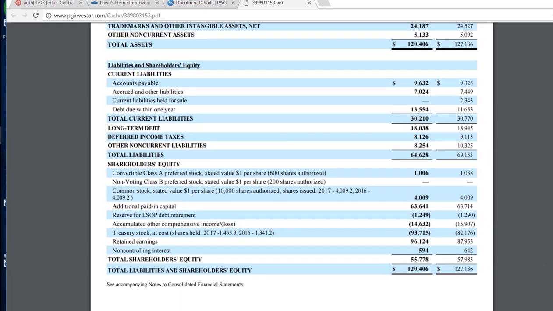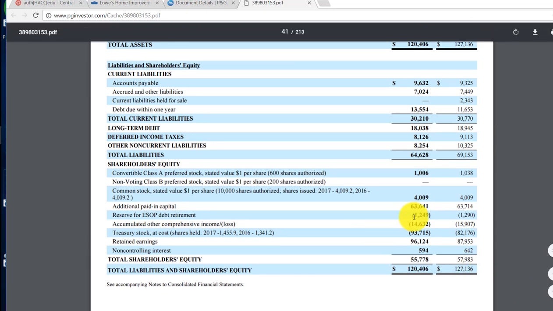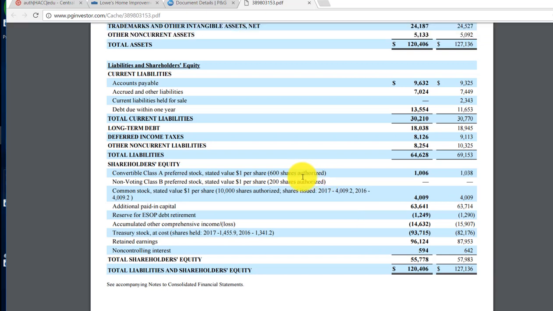Now, going down a little further in the liability and equity section, just a quick review of the equity section. You see that Procter & Gamble has preferred stock, then common stock, then additional paid-in capital, and then there's some other items that tend to be down here at the bottom. We want to make sure we pay attention to treasury stock.